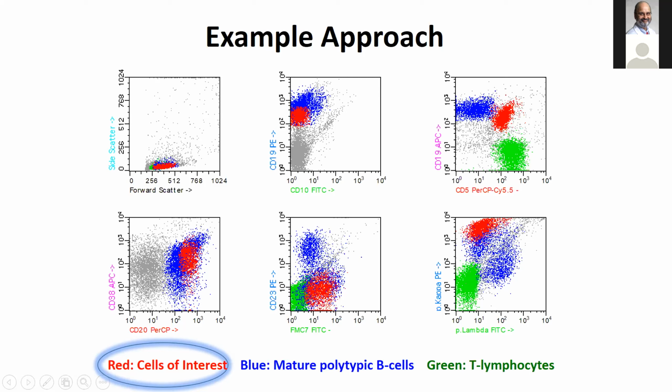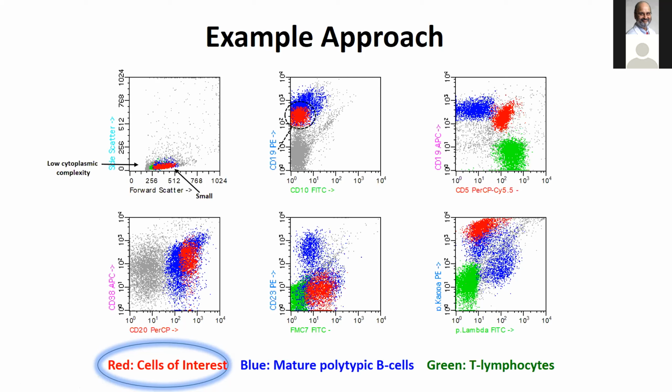So we go through here, and the first thing that I look at is that the forward light scatter on the red sits at the same level that the mature B cells and the mature T cells sit. So these should be small cells, my red. Okay, they have very low cytoplasmic complexity, so it makes sense that they probably don't have a lot in the way of granules or vacuoles.